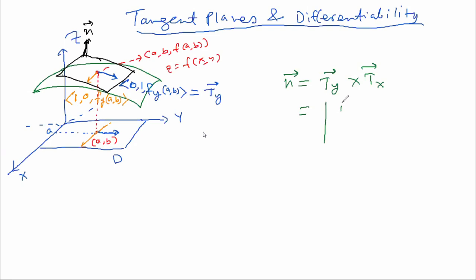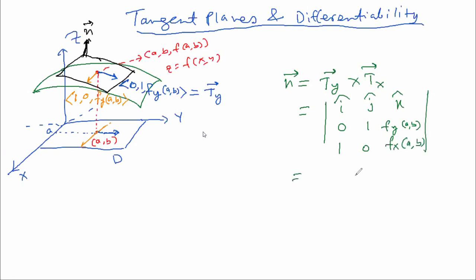So now you do the cross product formula. t_y would be 0, 1, f_y at a, b, and t_x is 1, 0, f_x at a, b.